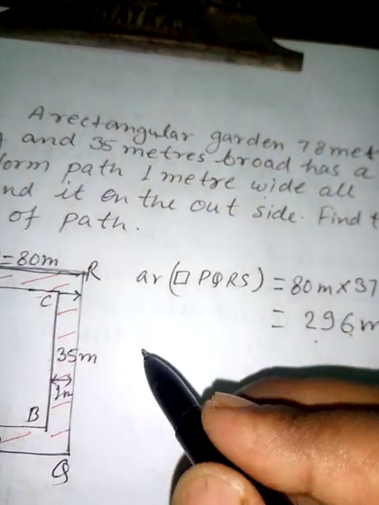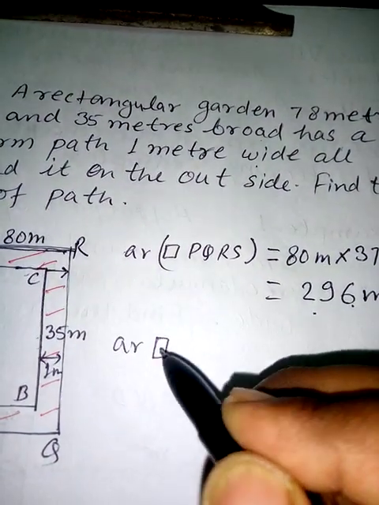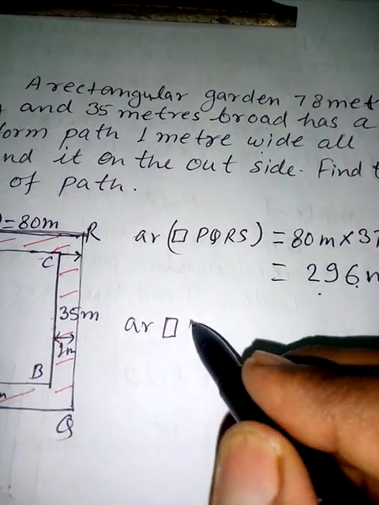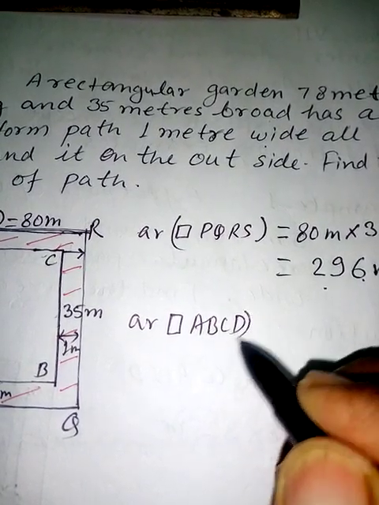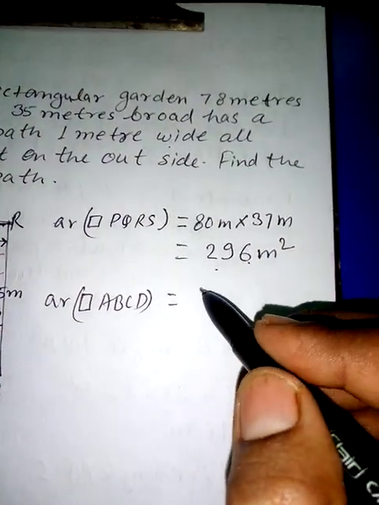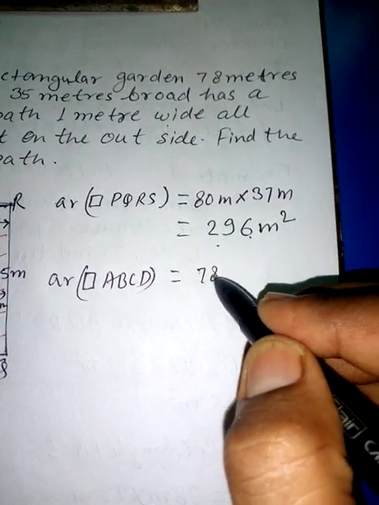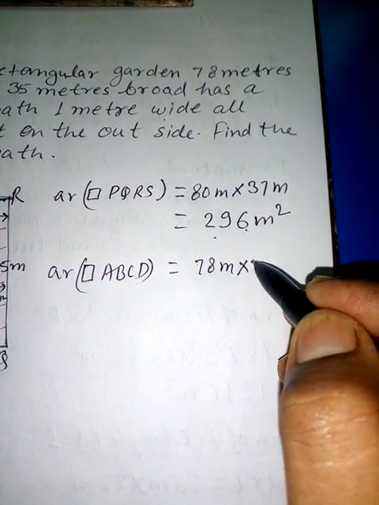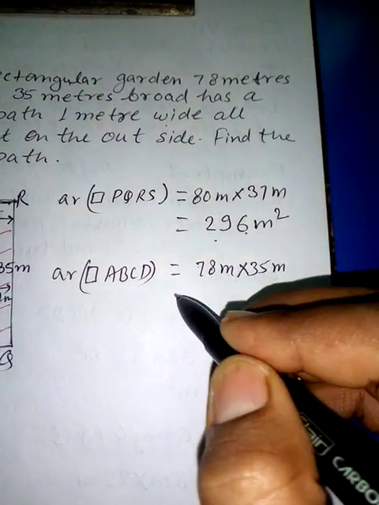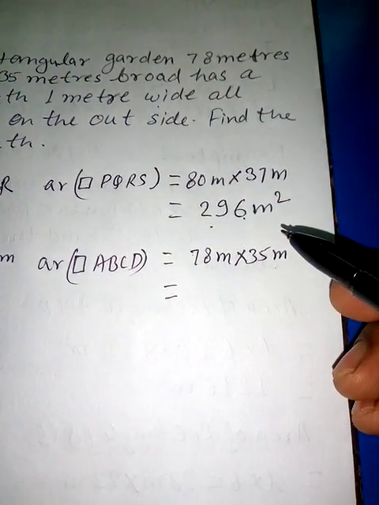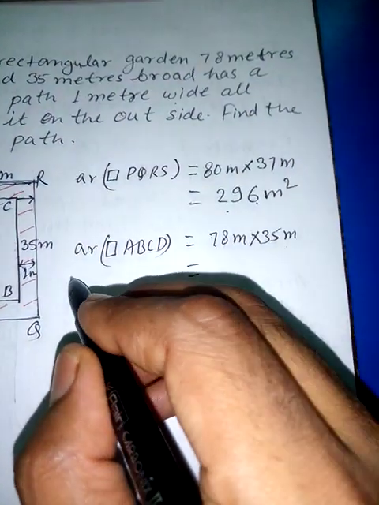Now area of rectangle ABCD, which is 78 meter long and 35 meter broad, and it will be multiplied.